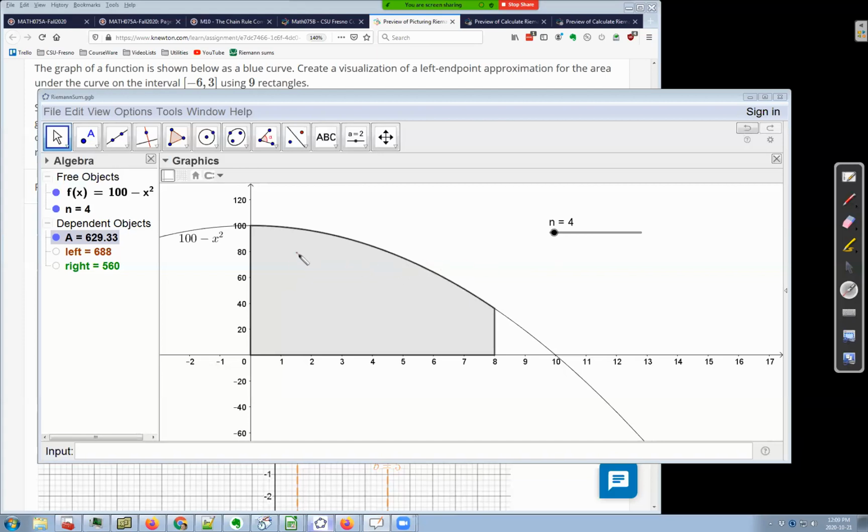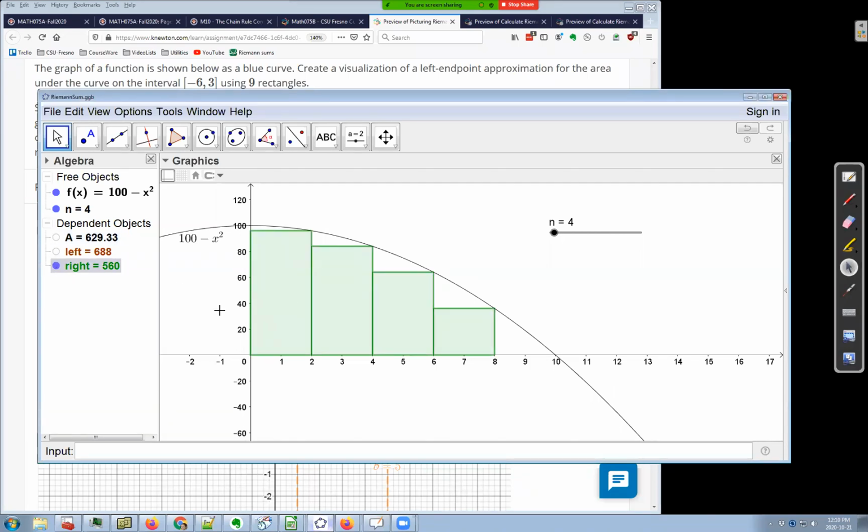Okay, yeah, so finding the area under a curve, very hard. But here's what we do instead. We're gonna cheat a little bit. Instead of finding the area under the curve, we're gonna find the area under some rectangles.